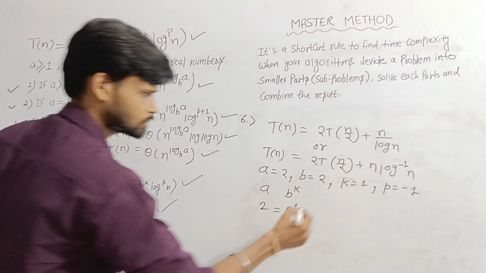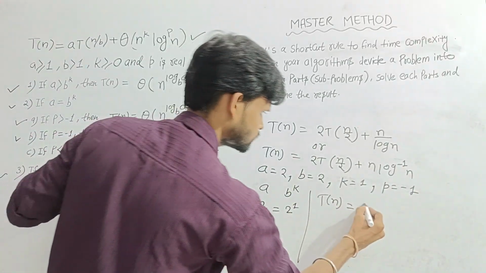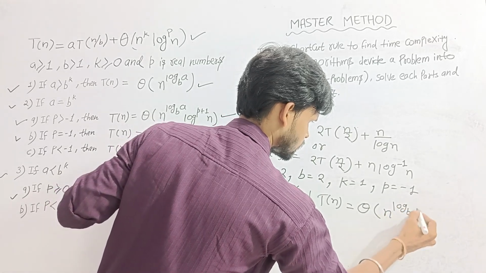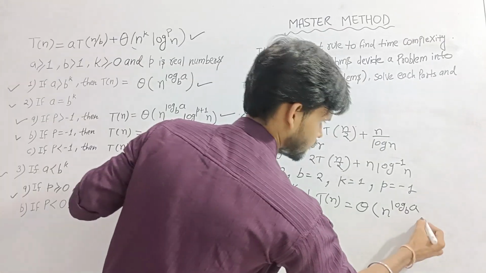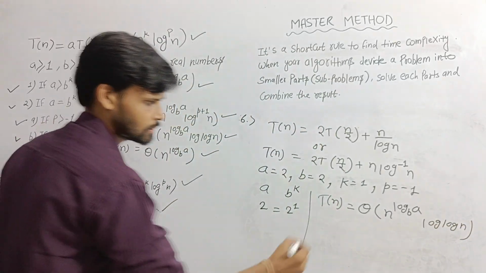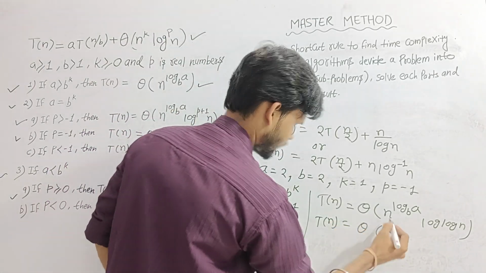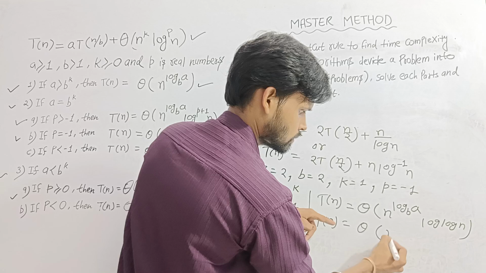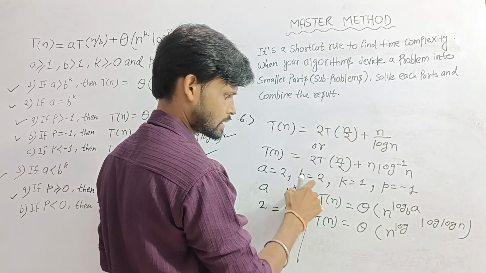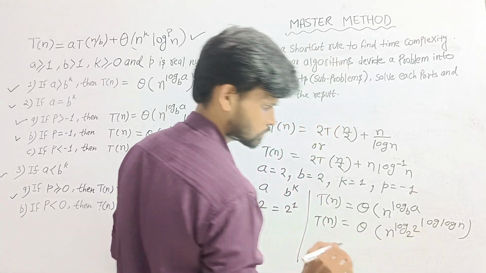T(n) = theta of n^(log_b a) log log n. Okay, just put the values. n, same, log to the power b. What is the value of b? In this case 2. And what is the value of a? That is 2 also.